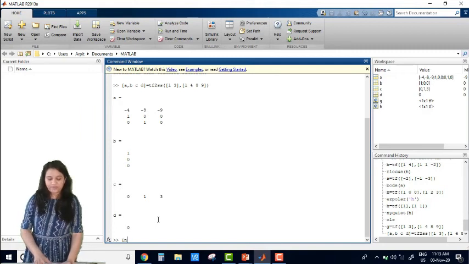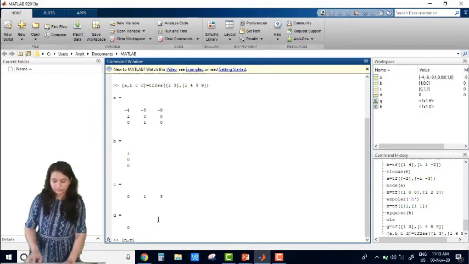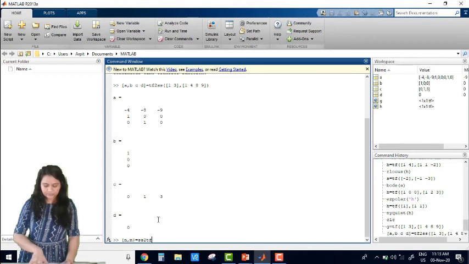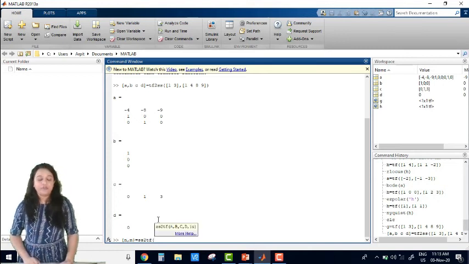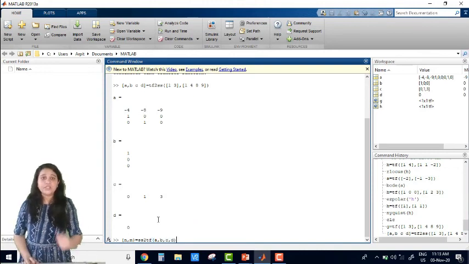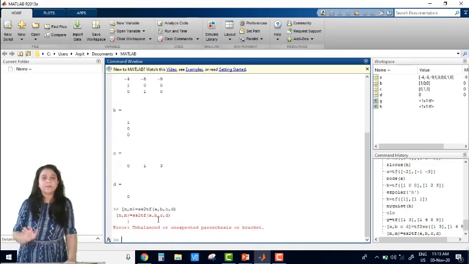Now next, if we want to find the transfer function from the state space, we define, suppose, n and m equal to ss2tf. In this small bracket we have the values of a, b, c, d, so we put a comma b comma c comma d. Using the values of a, b, c, d we find the transfer function.